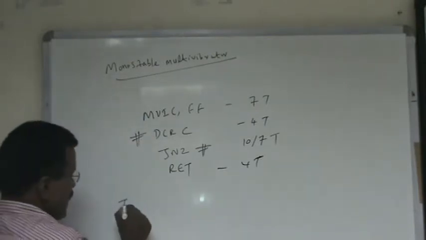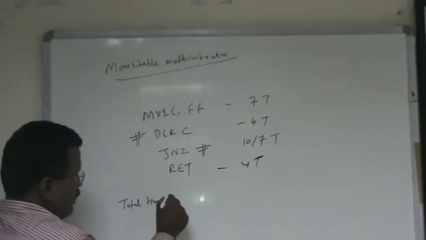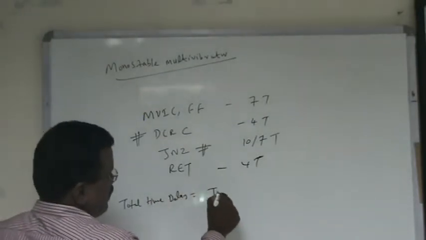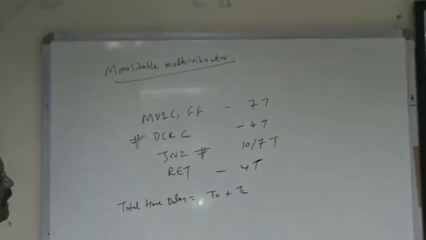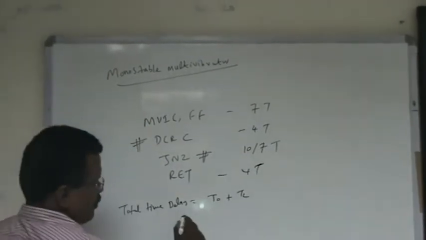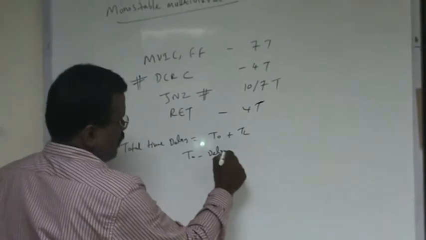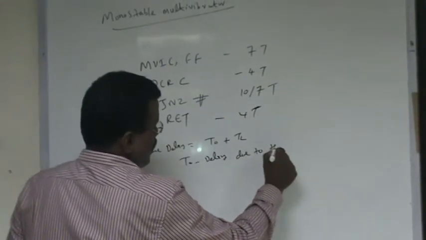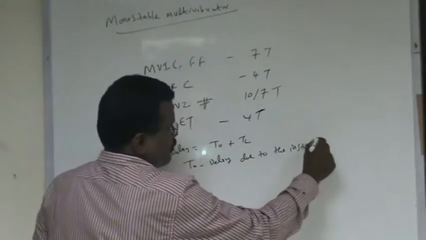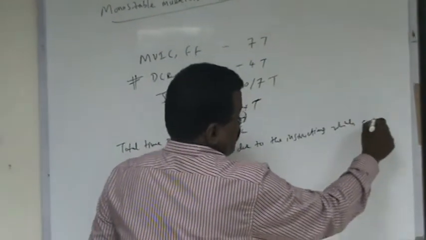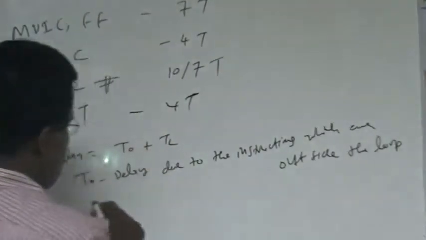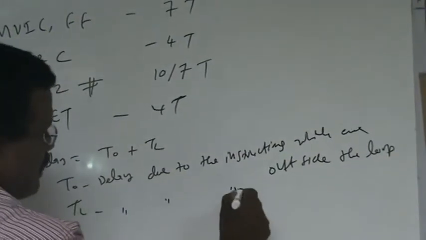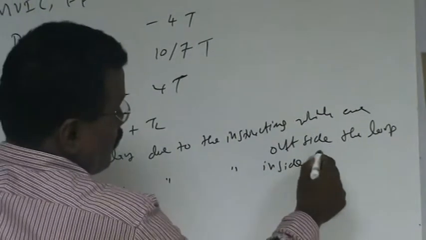So the total time delay is given by T0 plus TL, where T0 is the delay due to the instructions which are outside the loop, and TL is the delay due to the instructions which are inside the loop. These are T0 plus TL.